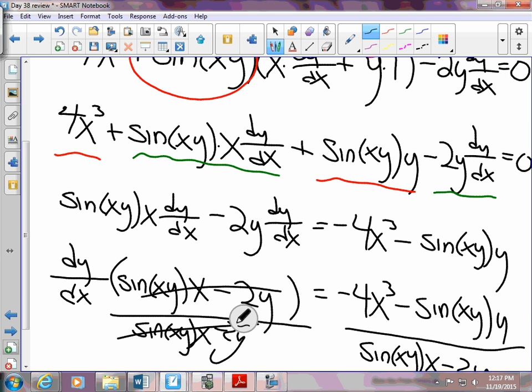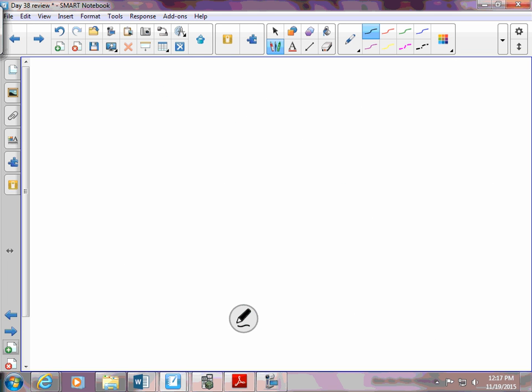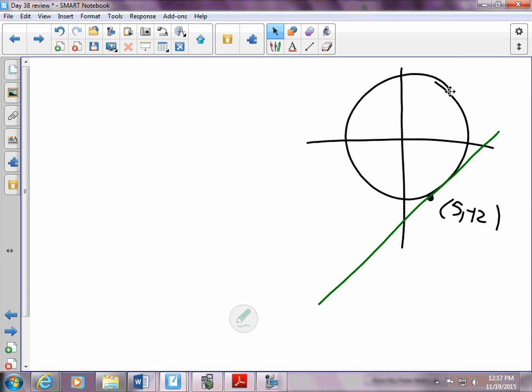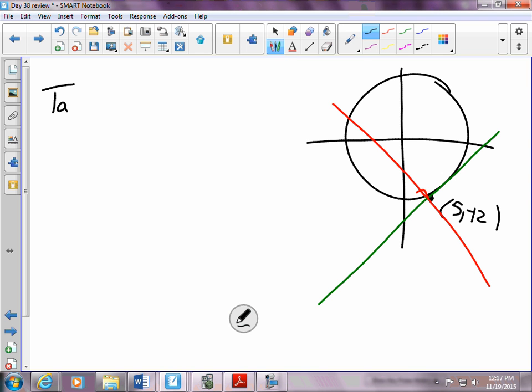We can do it. So you have this circle, not that it matters: x squared plus y squared equals 169, radius of 13. But we want the equation at the point 5, negative 12. We want the equation of the tangent line and the normal line. You have the ingredients for almost the whole thing.